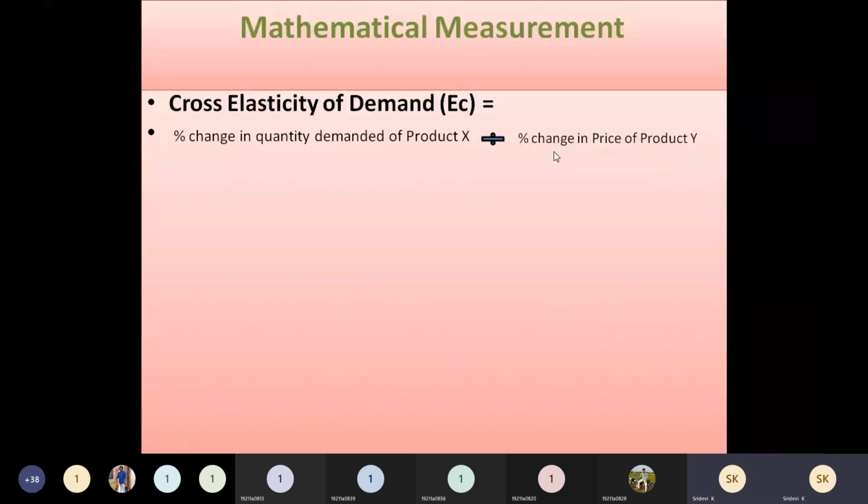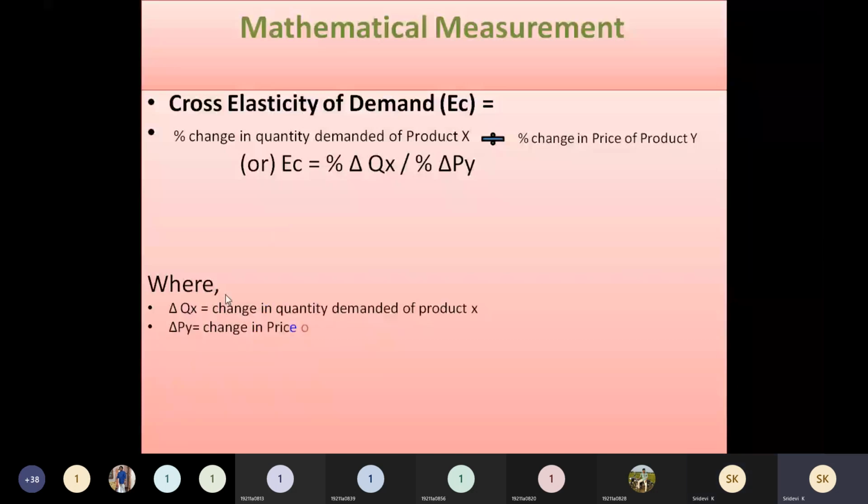Or you can use the other formula, percentage change in QX divided by percentage change in PY. So QX means change in quantity and PY means change in price of product Y. So change in QX is equal to QX2 minus QX1 by QX1.